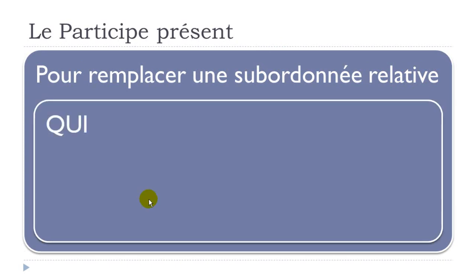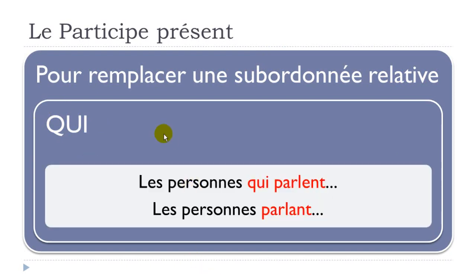And so we can take this example with qui. Les personnes qui parlent. All right, so in that case, les personnes qui parlent, so the persons who are talking, speaking. So in the first one, you get this pronom relatif, qui, and then you get the verb. But it's possible to replace this qui parle with le participe présent.